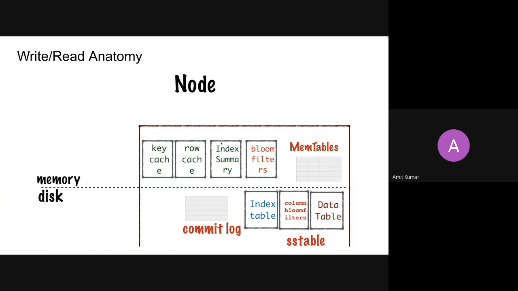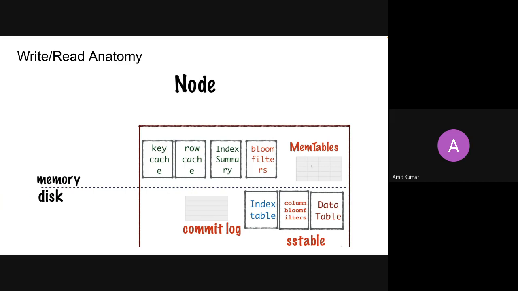From the index table, first it will come to the commit log and write it there. Then immediately it will update the mem table, and then it will return success to Ritvik. For Ritvik, it is done.